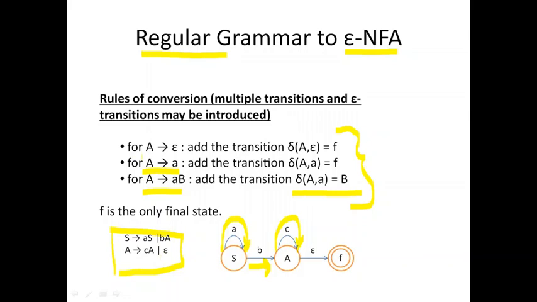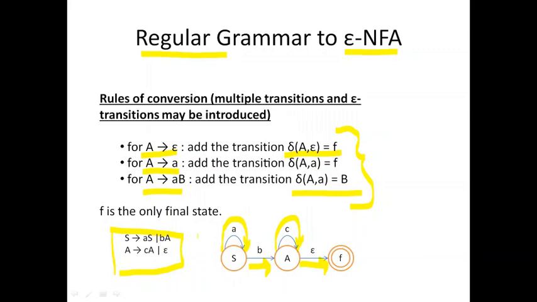If you have a production like A giving epsilon, you add an epsilon transition from the particular state to the final state. So from capital A, you now have an epsilon transition to capital F. So now you have an equivalent epsilon NFA corresponding to the regular grammar given to you.